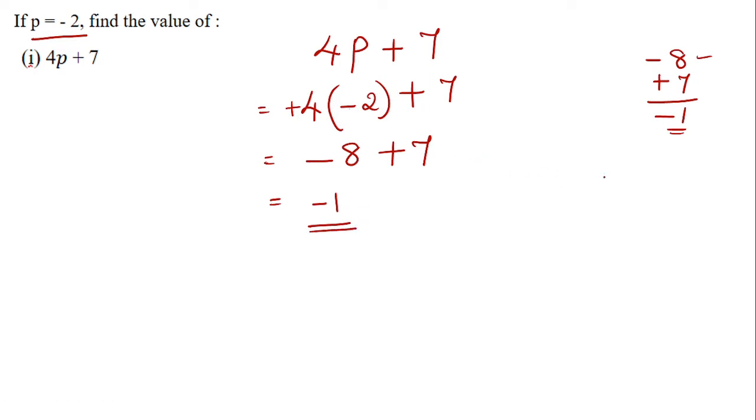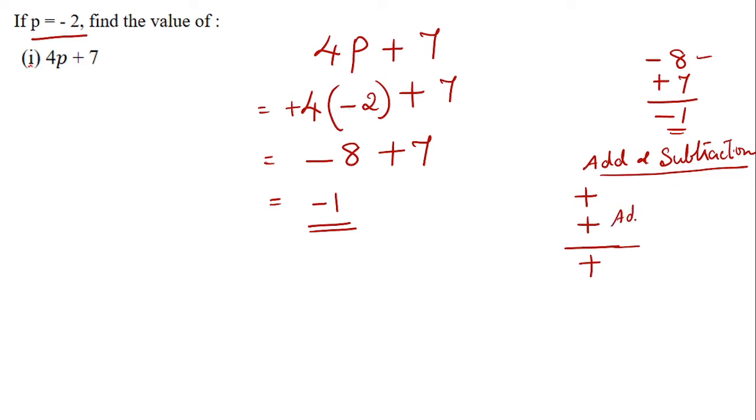Now you need to keep in mind when it comes to addition and subtraction, the rules are: when you have same signs, put the same sign and then add the figures.